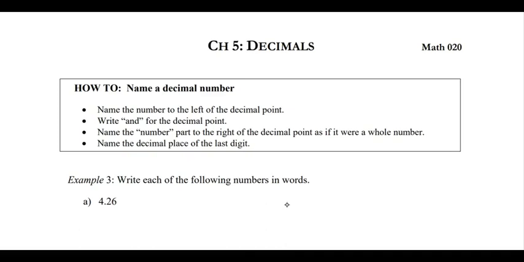And finally, name the decimal place of the last digit. So start with the whole part, use "and" for the decimal point, write the number part of your decimals as a whole number, and then indicate the place value of the last digit.